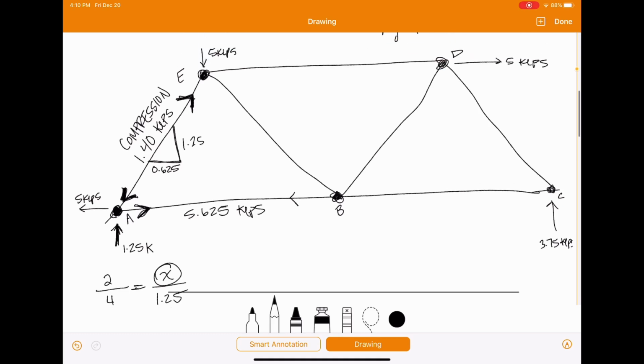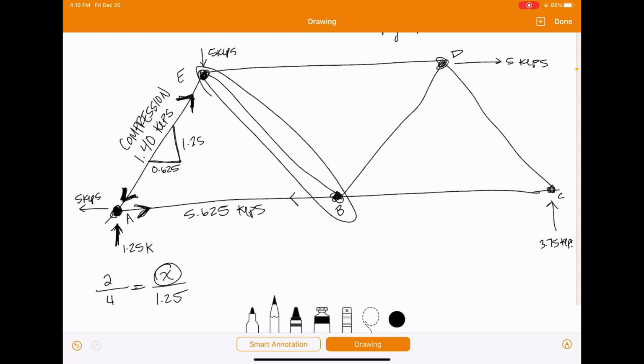Now you would continue to do that all the way around your truss until you've completed the whole thing. Now, on the FE exam, they'll probably just ask for one member in particular, like say BE. So you would probably want to start at A, and then you would move up to here, and you could find BE.